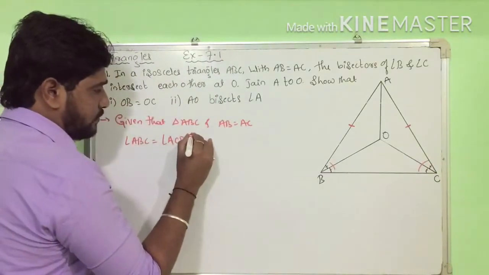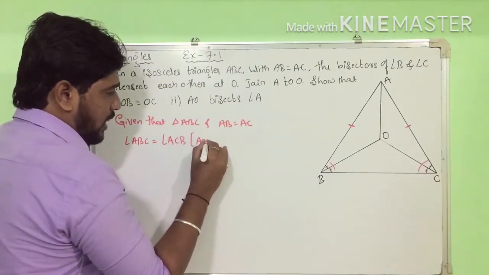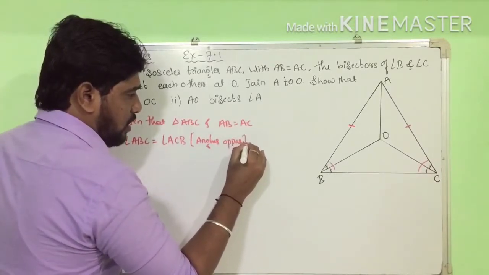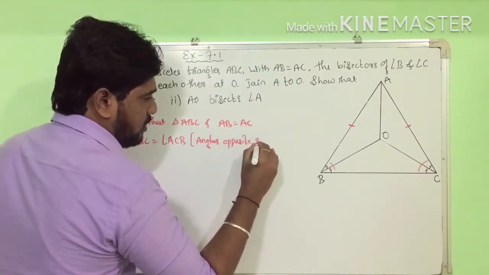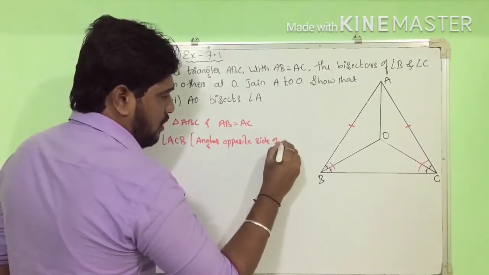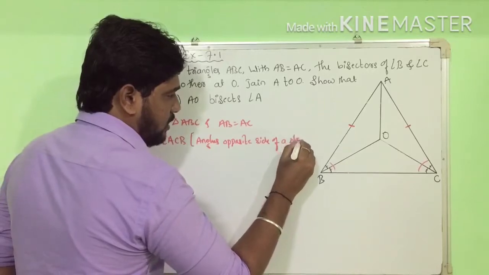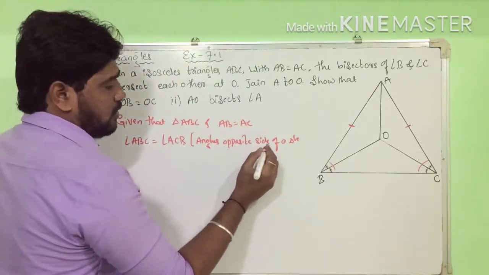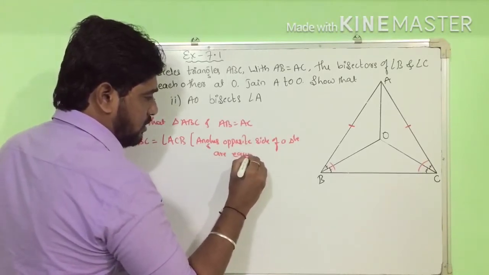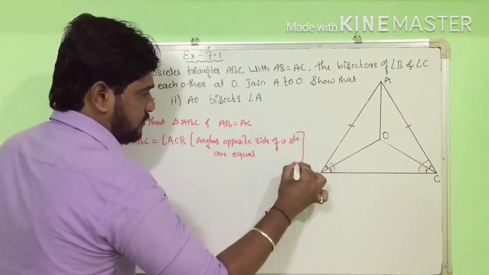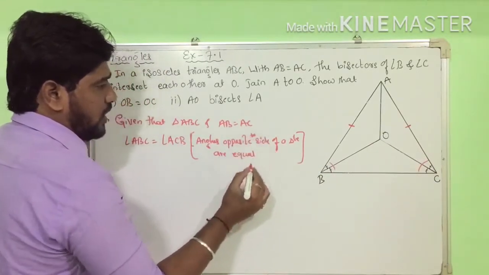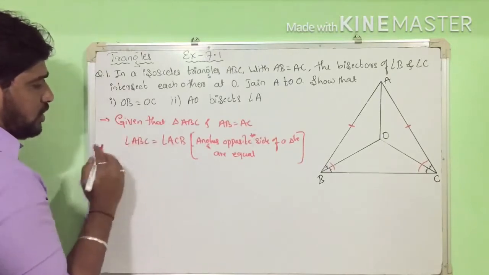Reason: angles opposite to equal sides of a triangle are equal.